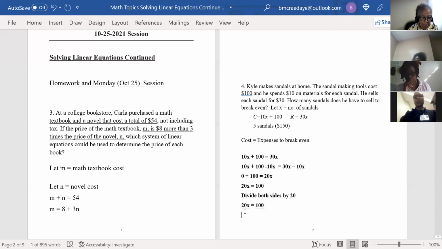So let's put our 20 here and our 20 on the right side. X equal 5.